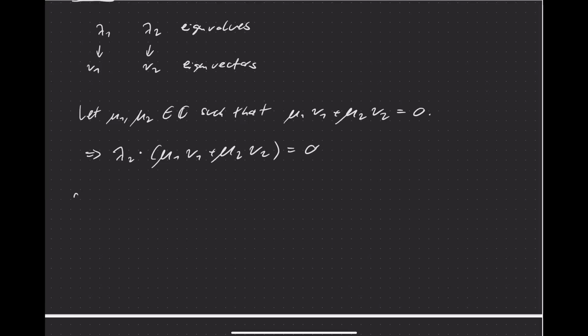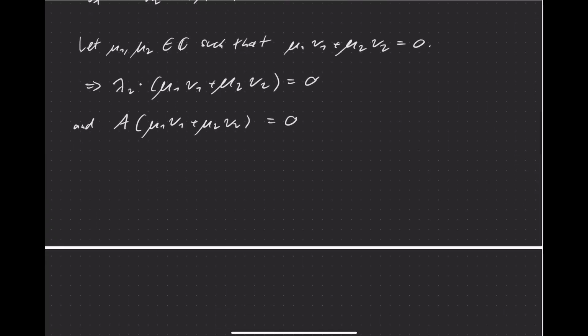And we can also apply A to that whole equation. So if we do that, then A times (mu1 v1 plus mu2 v2) is of course also 0. Okay, that means, well, from the first equation, what we get is simply mu1 lambda 2 v1 plus mu2 lambda 2 v2 is 0.